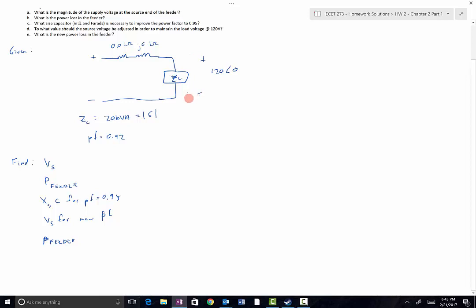If you increase the power factor, you decrease the current draw, therefore you decrease the voltage drop here. If you then don't decrease the feeder input end voltage, the supply voltage will go too high. And so when you power factor correct, you also have to decrease the input voltage to the feeder. And that's what this problem analyzes.